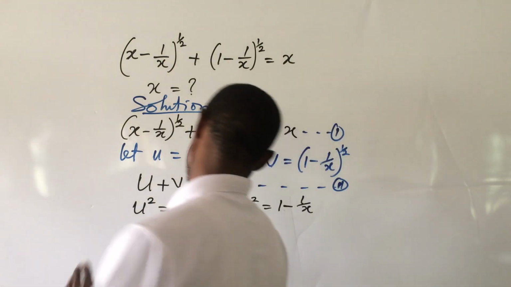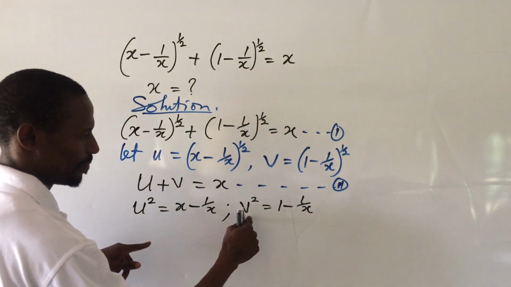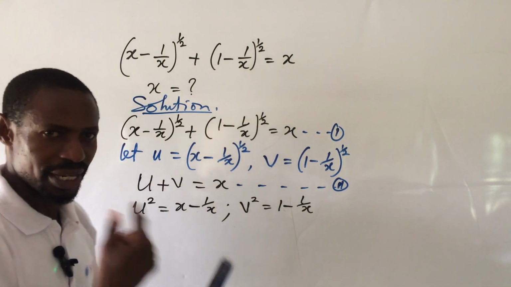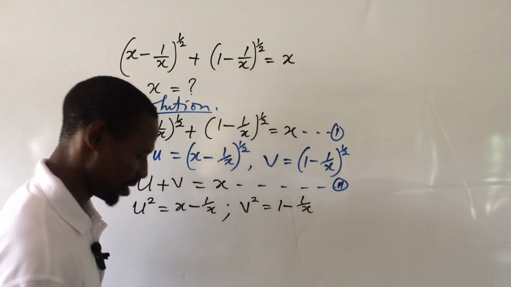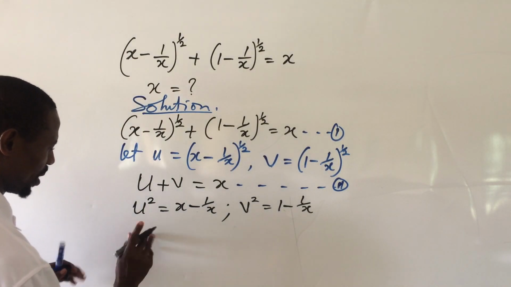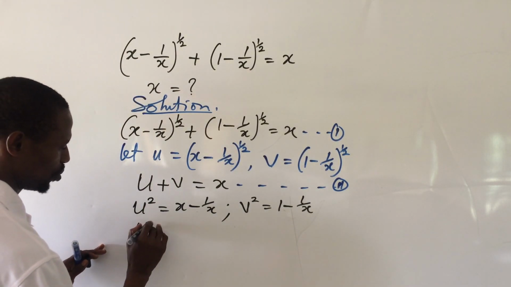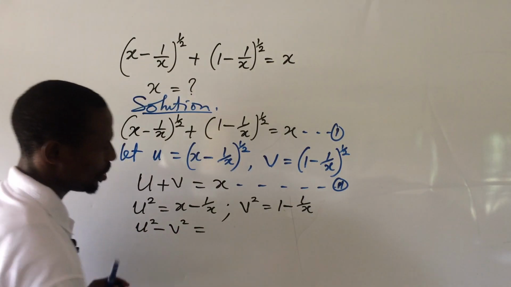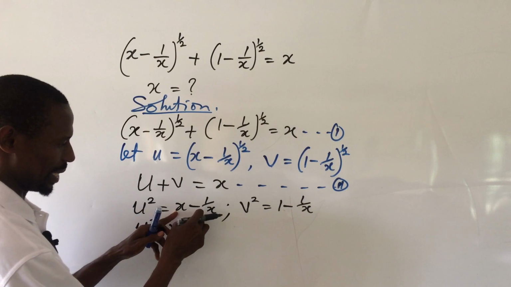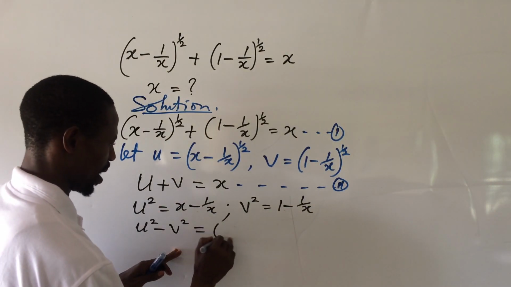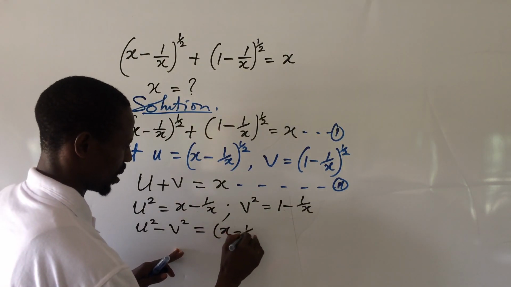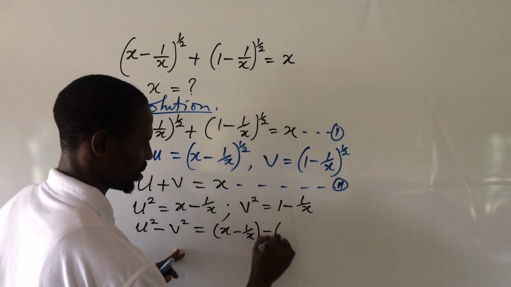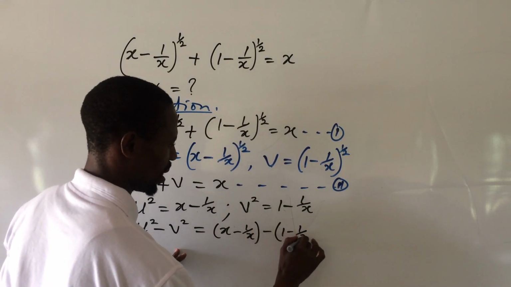Now let's subtract this from this, because we're trying to bring out a special identity in our algebra. We have u squared minus v squared equal to (x minus 1 all over x) minus (1 minus 1 all over x).